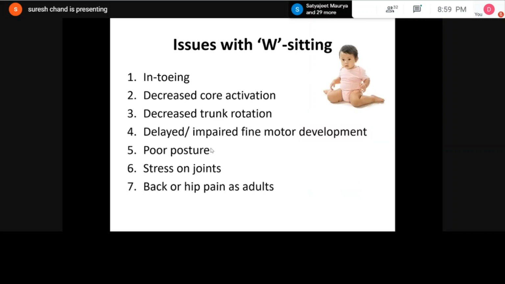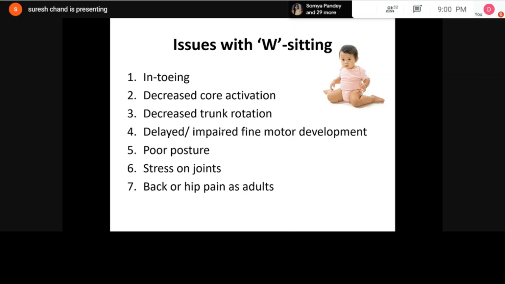So what are the issues associated with W sitting? One thing, if it is because of physiological excessive anteversion, it will be associated with intoeing. And because of W sitting, there will be decreased core activation and trunk rotation, and child will not use his core to support his trunk.